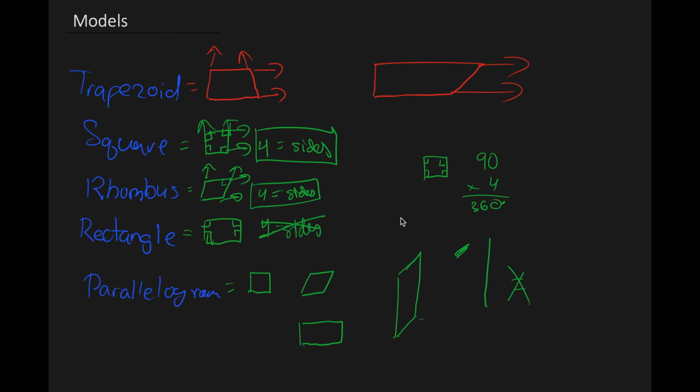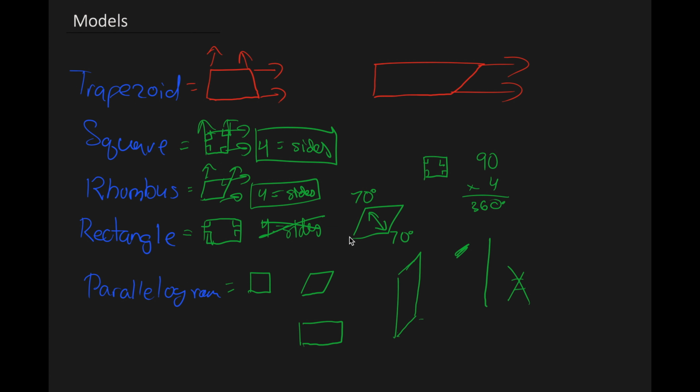Now, if you were to do that with any, and when I say any, I mean any quadrilateral. So, if I were to find the angles of this, okay, I'm just going to take a guess here, say this one is 70. That means that the opposite angle is also 70, obviously.